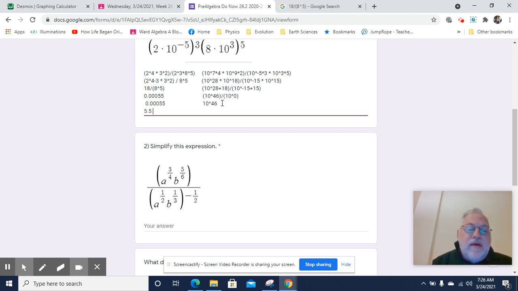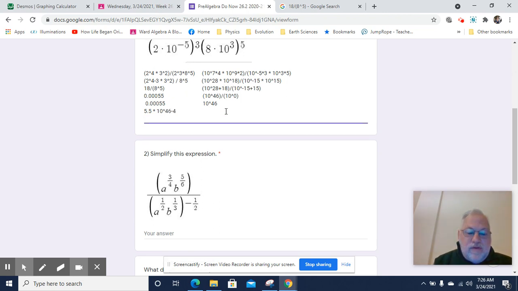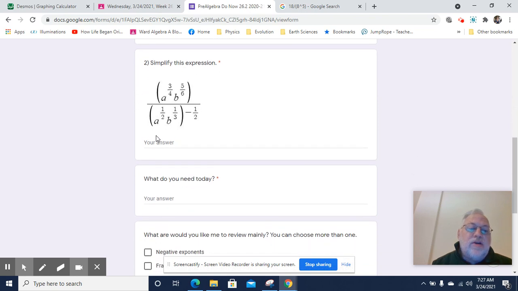That became 10 to the 4th times bigger, so 10 to the 46 has to become 10 to the 4th times smaller, so that's 10 to the 46 minus 4, which is going to be 10 to the 42. So 5.5 times 10 to the 42nd power. And there you're done.